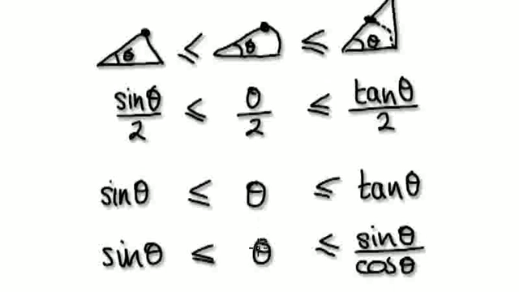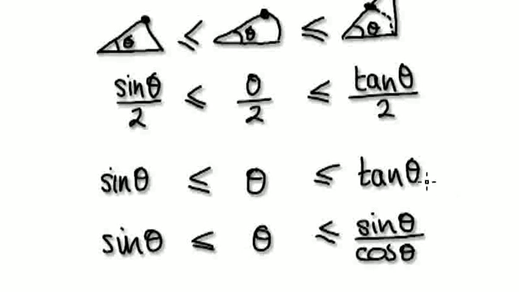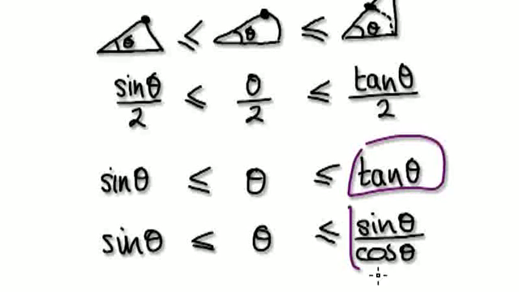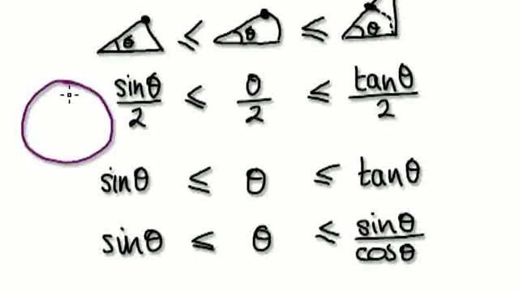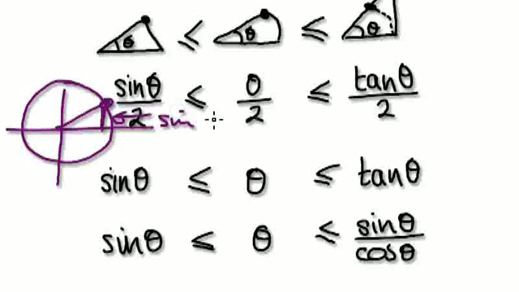Okay, so the next step is to realize that tan theta is actually sine theta over cos theta, because if you look at a unit circle here, again I gave you a video and an exercise on this. If you look at a circle of radius 1, the height of this here is sine theta.